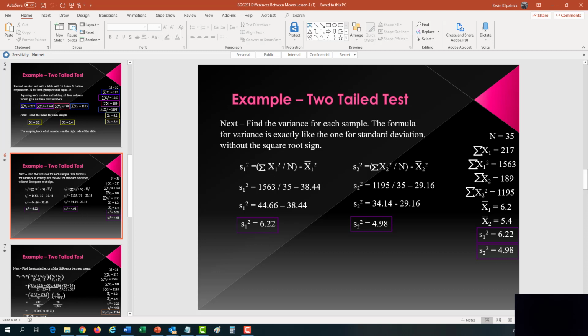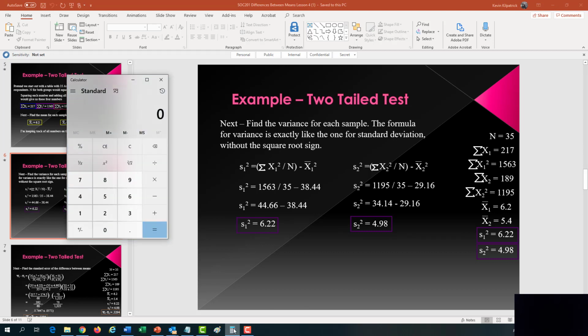And guess what? I have all of these numbers over here. The sum of the squared values for the first group is 1563. The n is always going to be 35. And the mean squared, well, let's find that over here. I don't have that, but I have the mean, which is 6.2.